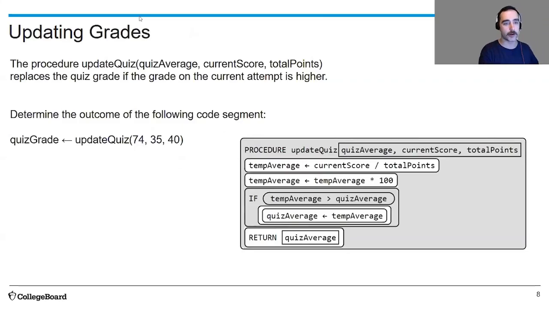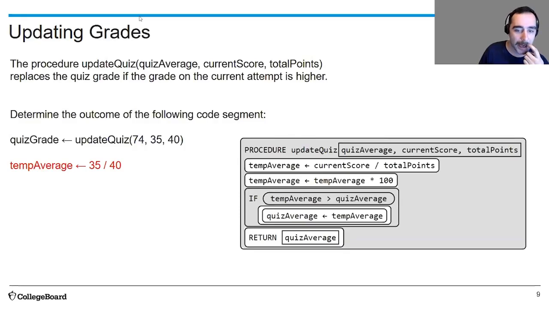Just to remind ourselves how procedures work, let's look at this problem. We have a procedure call for the procedure update quiz located there on the right. And then that procedure call is assigning the value that's returned to quiz grade. So 74, 35, and 40 are my arguments.